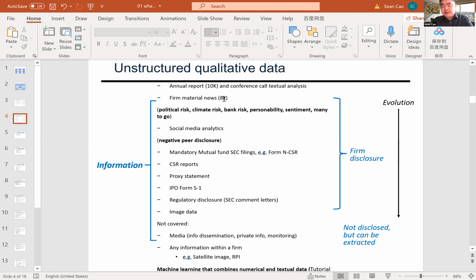We'll talk about all this stuff in the following semester because, like I said, what makes this class different from a computer science class? In the computer science class, we start with the Python program, the Python environment. That's the computer science way to teach textual analysis. But for finance and accounting students, the way we teach you guys is you understand the data, the structure of the data. You understand the regulation. You understand the rules on the data.